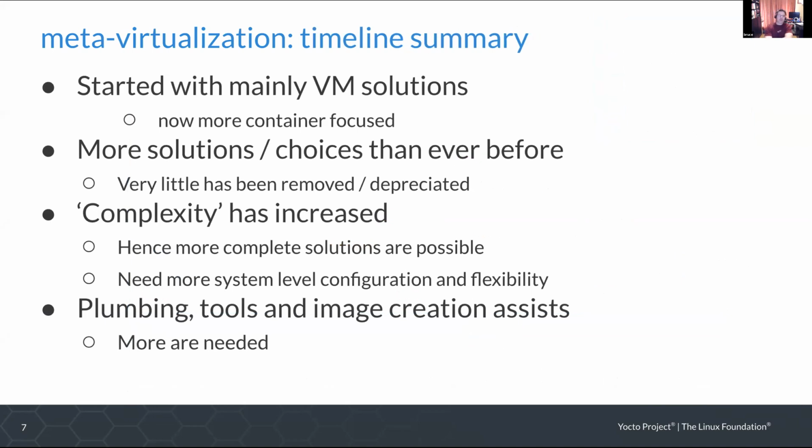I won't go into this in too much detail because I covered quite a bit of it, but I would say that there are now more solutions and choices than ever before. The big thing is some of the complexity has increased. That's why it took so long to get K3s up and running, because you now need to not just integrate the container runtime or LXC or KVM.